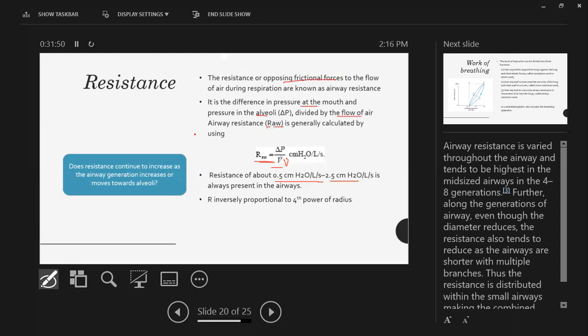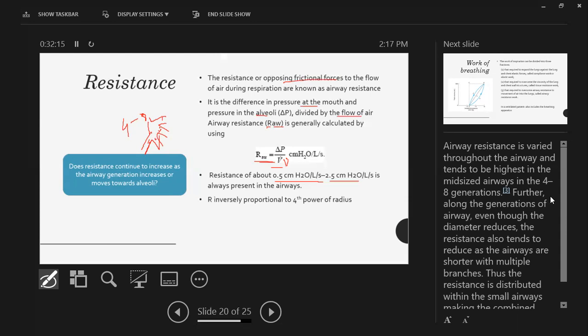The airway resistance varies throughout the airway, and it tends to be highest in the mid-sized airways, around 4 to 8 generations. Further along, even though the diameter reduces, there is so much branching happening, correct? So even though the resistance increases, it is distributed between all these small airways.